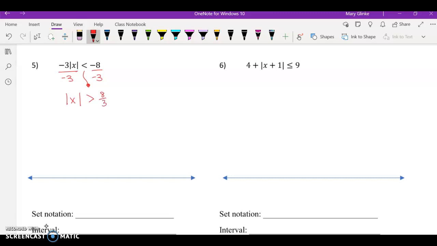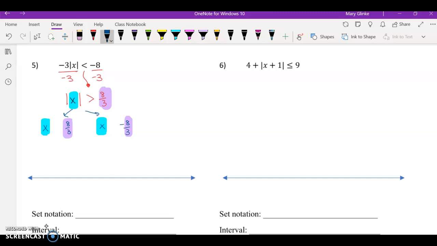Once the absolute value is alone, we are still going to break this up into two different inequalities. What is on the left-hand side, or whatever is inside the absolute value, is still going to stay the same. And whatever it equals, the 8/3, you're still going to have one where it stays the same and one where you make it negative.